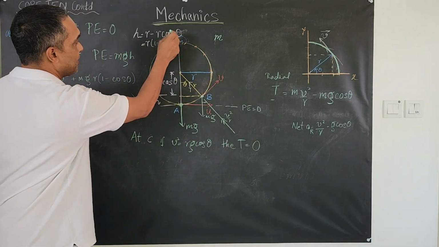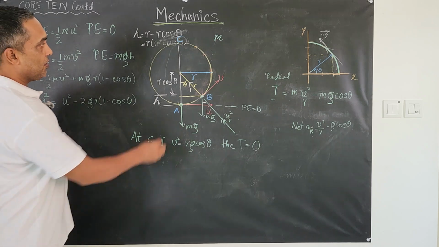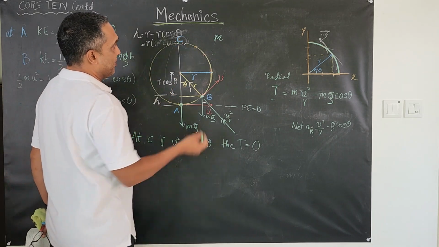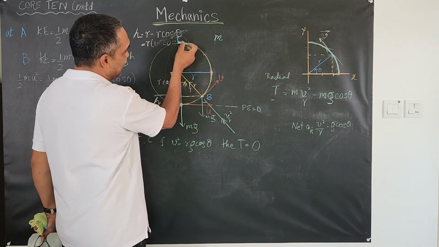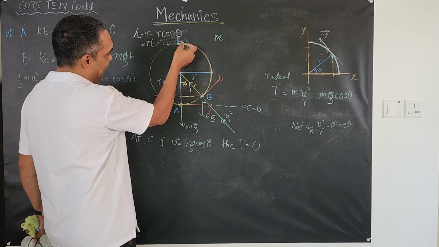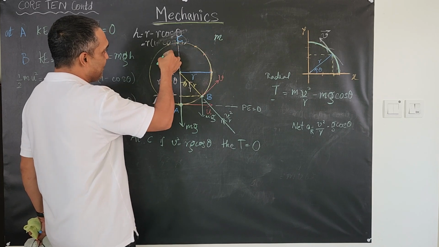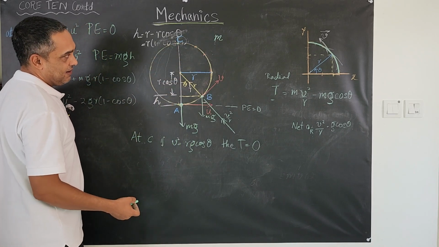There is no tension here, right? So the only thing acting would be mg. I have an initial velocity, and then it's almost like that projectile motion where I'm just going to come down in a parabolic way, right?